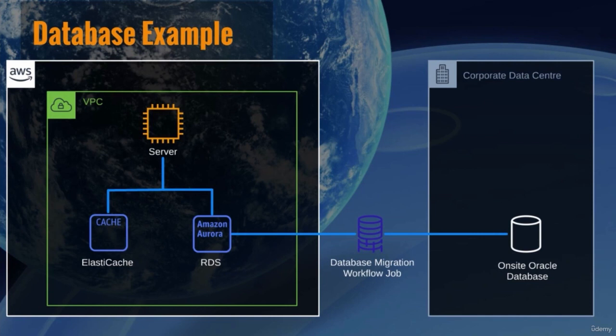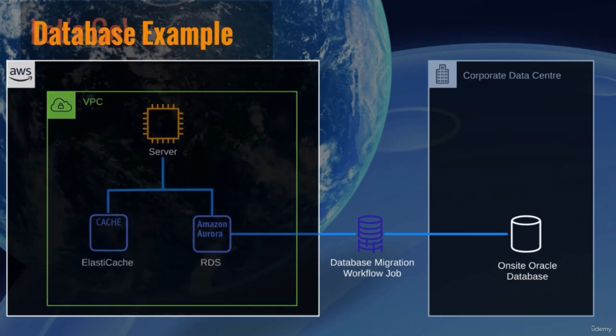If it's writing to the database, then it would also write to the Elasticache node, and again, it would define a time to live period, so that if that data is not requested within that time to live period, then it will automatically be removed from the Elasticache node by the Elasticache service.